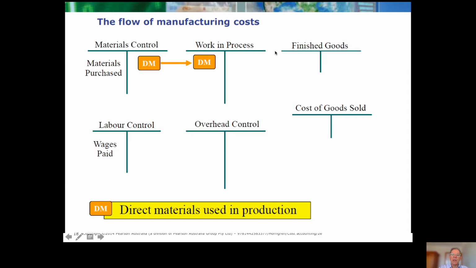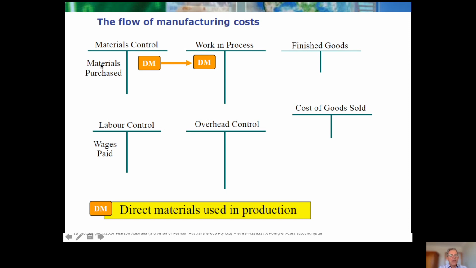WIP for work in process, and FG for finished goods, and COGS for cost of goods sold, and FOC, factory overhead control, if you want to use that abbreviation, or just OC if you wanted to, or manufacturing overhead, MOC. And LC for labour control. So a few abbreviations we'll use in class. You can get away with using those, save yourself some writing time, and we'll understand what you meant.